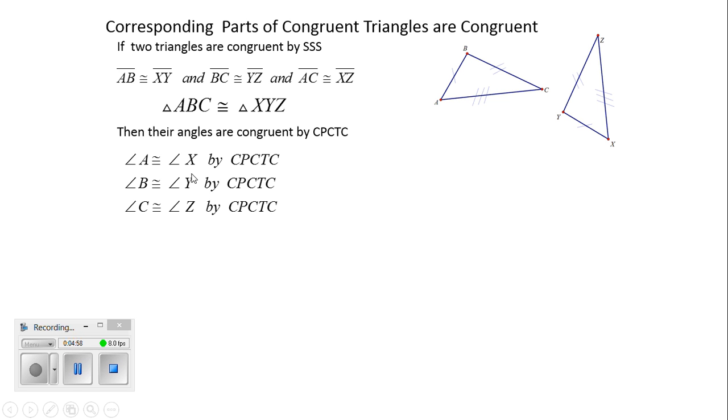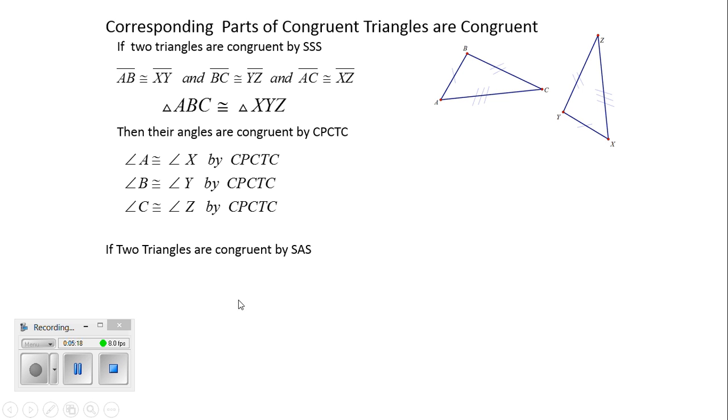So if we're asked to in a proof, we say, we can establish angle A and angle X are equal because corresponding parts of congruent triangles are congruent. CPCTC. Angle B is congruent to angle Y. CPCTC. And angle C is congruent to angle Z.